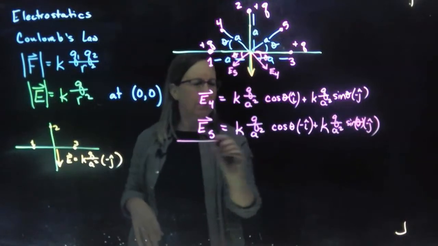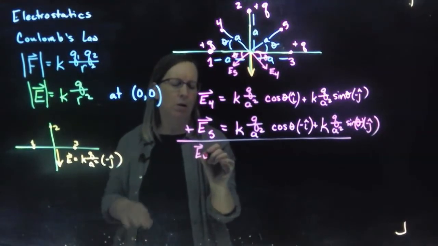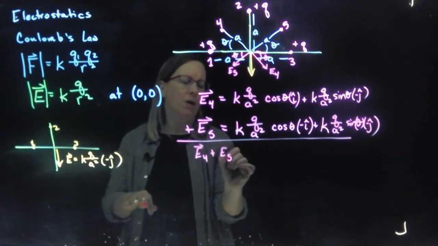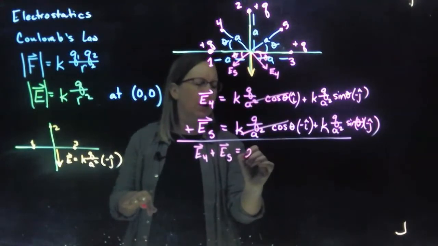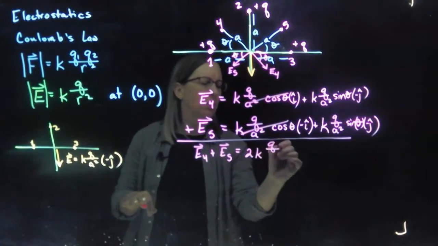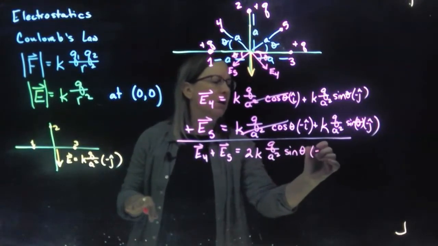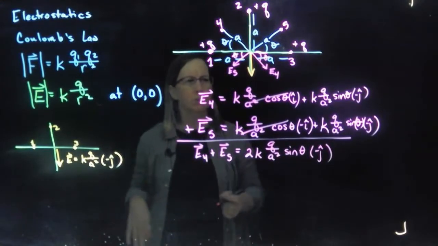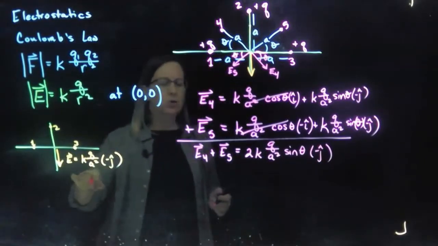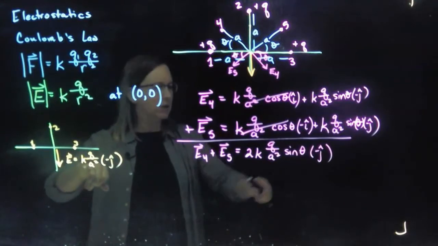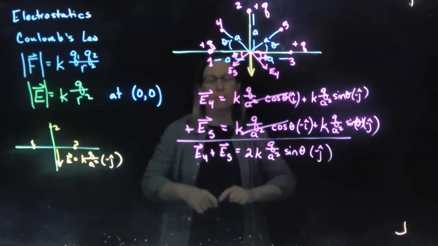And so if I add these two together, then E4 plus E5, these two are going to cancel, and I'm going to get 2KQ over A squared sine of theta in the minus J hat direction. Okay, so those are going to add up in the same direction as my E2. So overall, I would take this plus this to find the sum of all 5 of these.